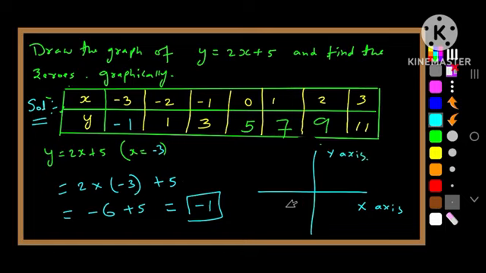If the graph is a straight line, imagine that this is the straight line. So the line which is touching the x-axis, the point at which it is touching, this will be our zero. Okay, now let us see graphically and find out the answer.